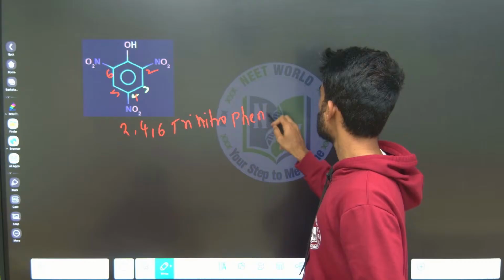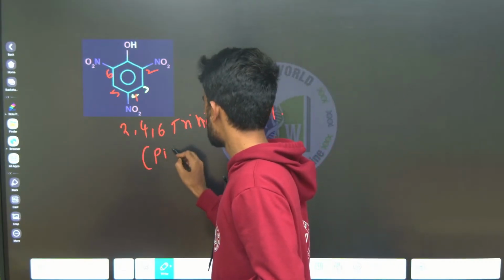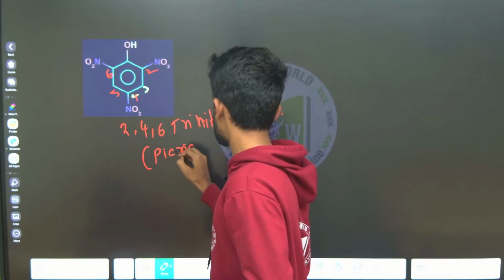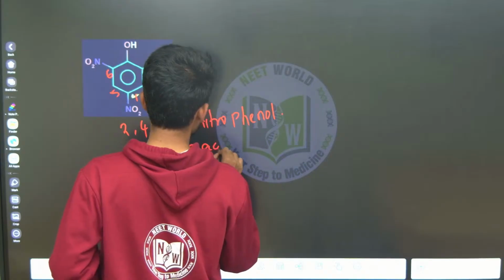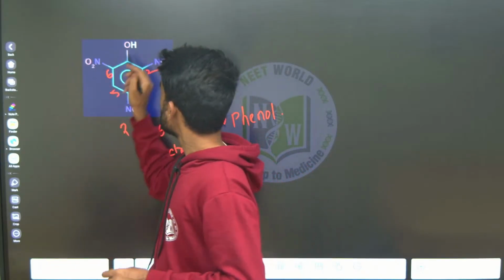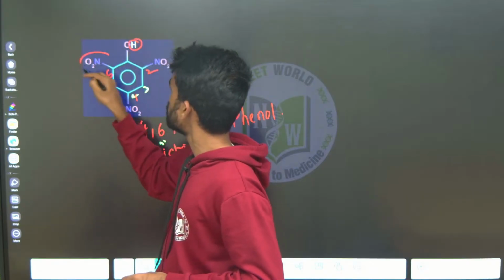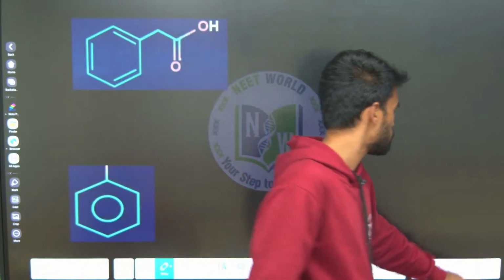Okay, and you know there is a common name for this: picric acid. Picric acid. So you know this picric acid is highly acidic. Why? Because phenol has what groups now? Electron withdrawing groups. I will explain about that. Due to the presence of those groups, it becomes more acidic.